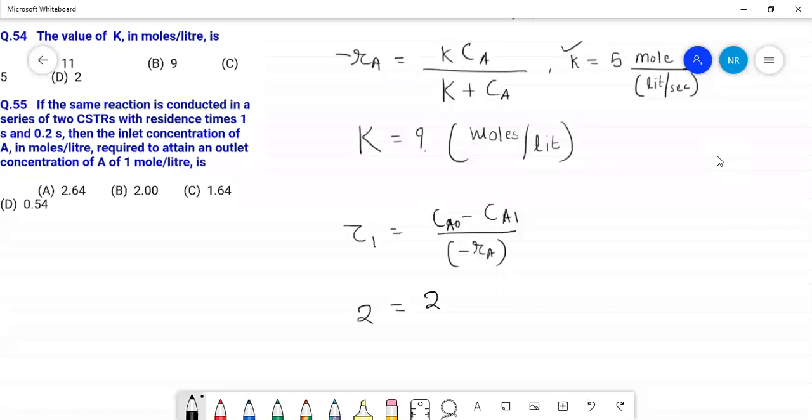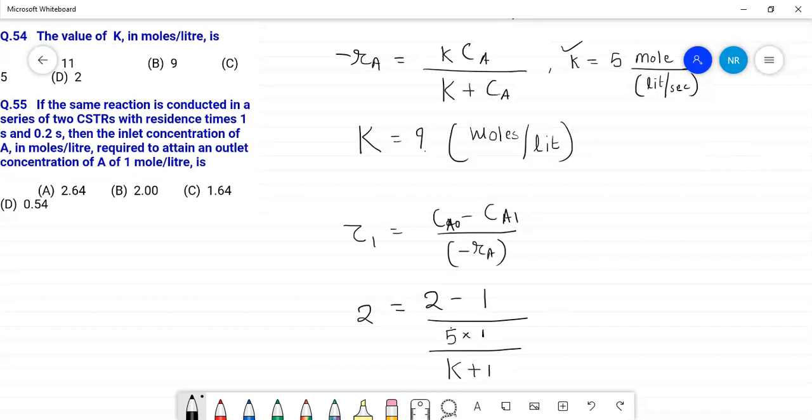So 2 minus Ca1 is 1, and minus Ra is equal to small k, which is 5, multiplied by Ca1, divided by capital K plus 1. Ca means final concentration.